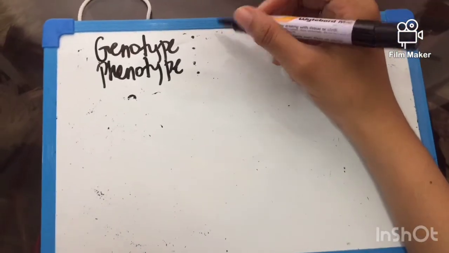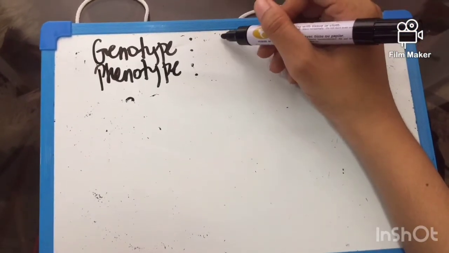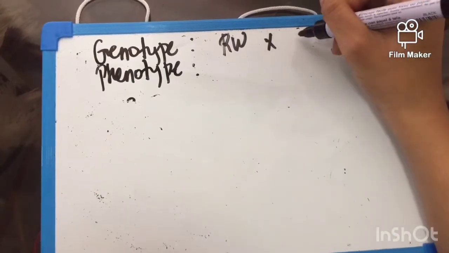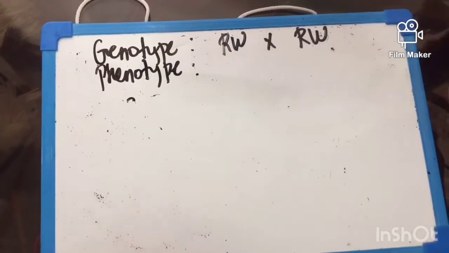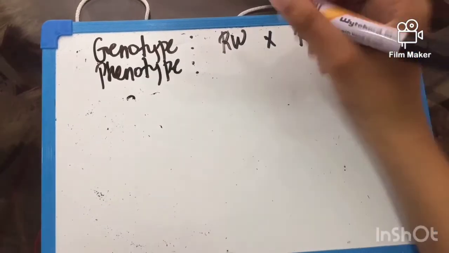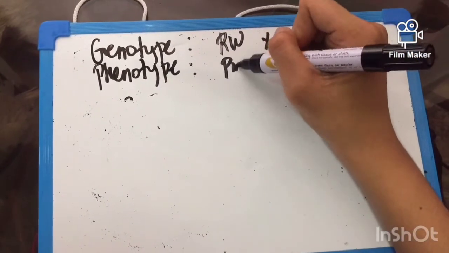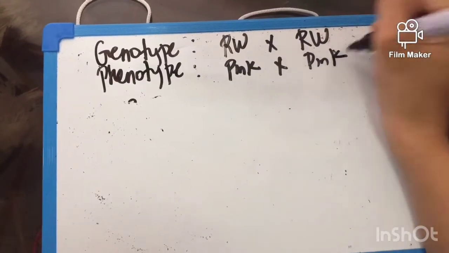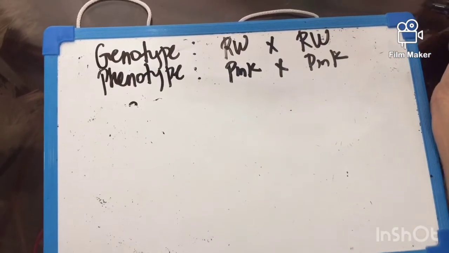Okay, for the genotype of pink, we have RW crossed with another pink, RW. So that is the genotype. For phenotype, the physical appearance, pink is crossed with another pink. So that is the second problem.